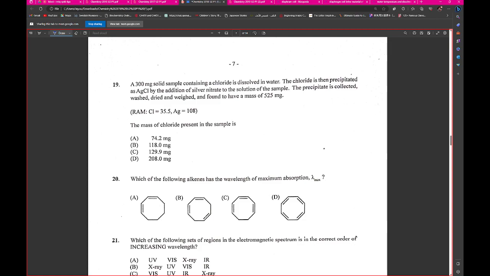I walked some of you through this, so could you remind us what we do here? The answer should be C, but what do we do here?